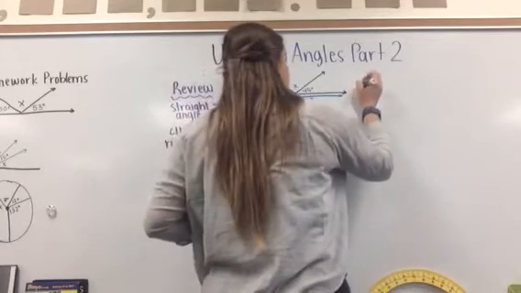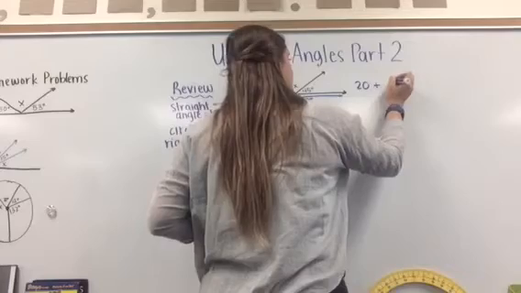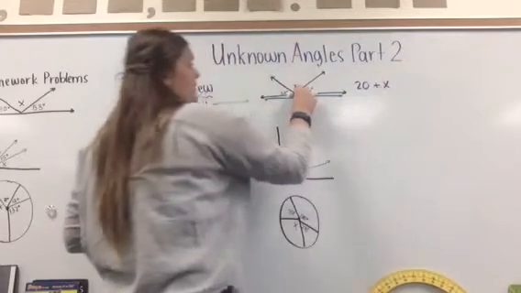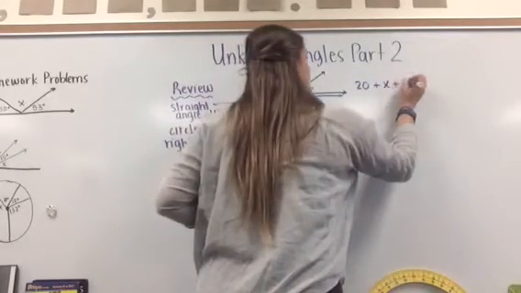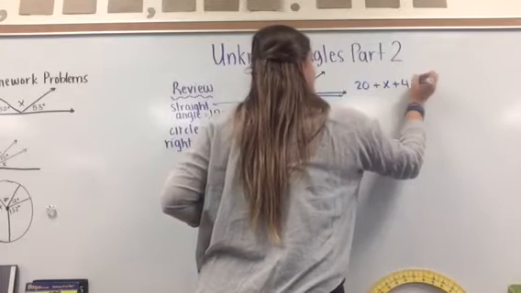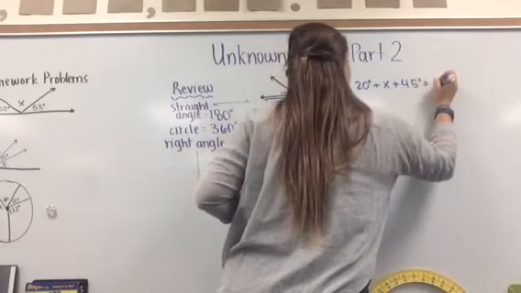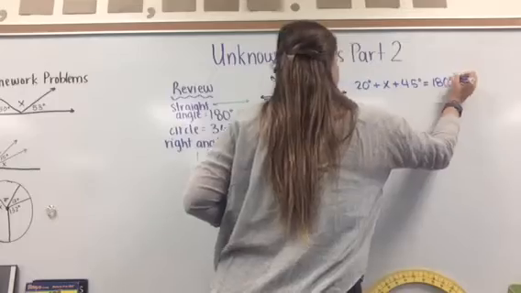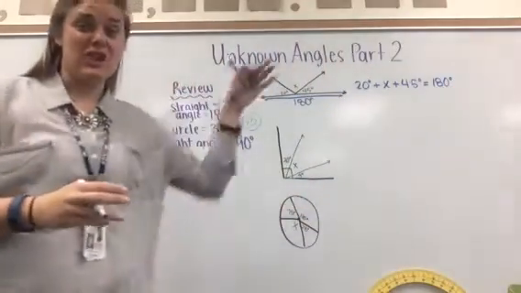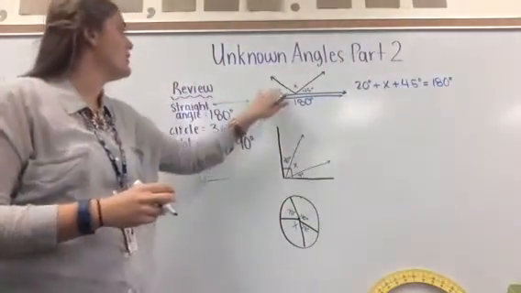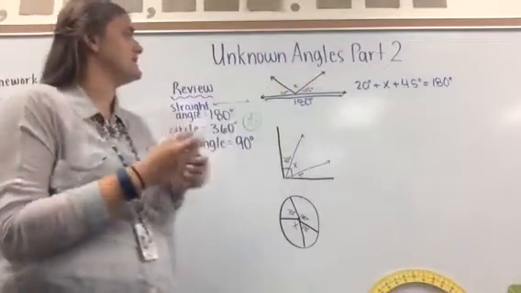So we know that 20 plus x, because we don't know what x is, plus 45 degrees equals 180 degrees. Again, we know that because it's along that same straight angle. We just have to put these 2 pieces together.